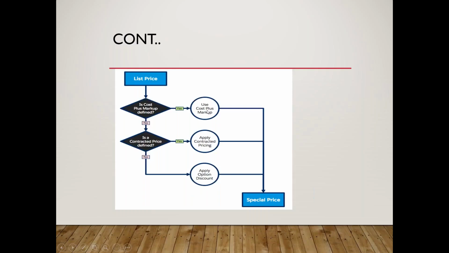This is correct as per the flow chart. I'm just trying to correlate it with real-time scenarios. So if a sales rep, let's say, is giving a markup on top of base price, and yet my customer is not satisfied, and it's a bundle package, so I'm giving this markup on the bundle itself.